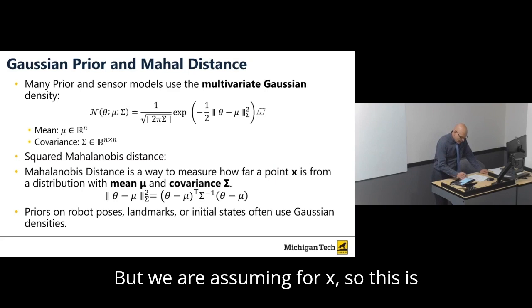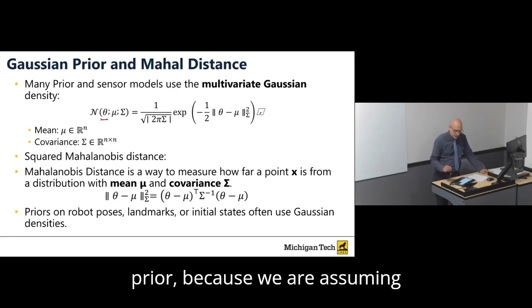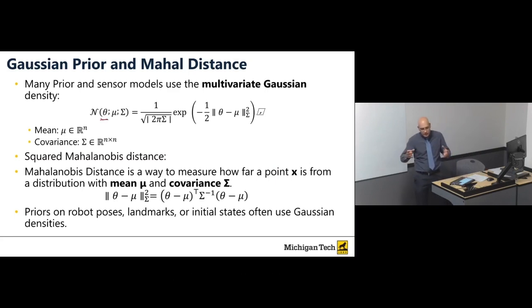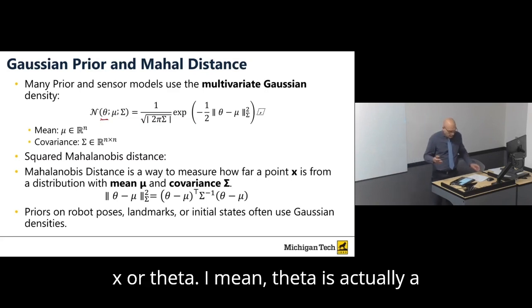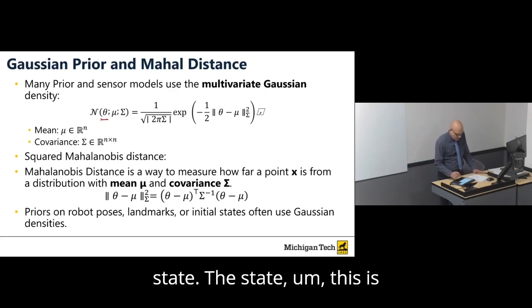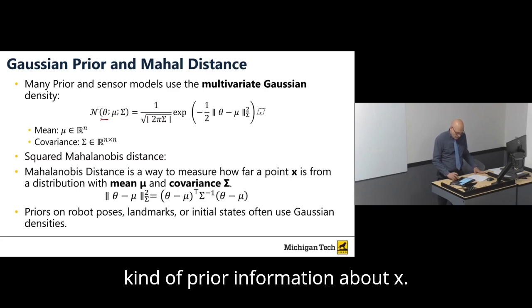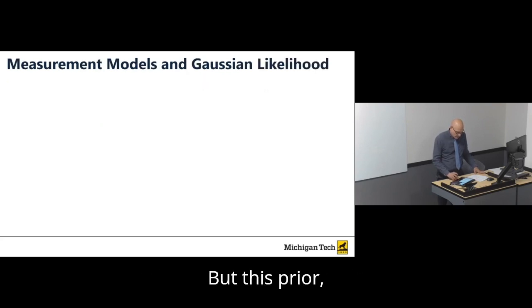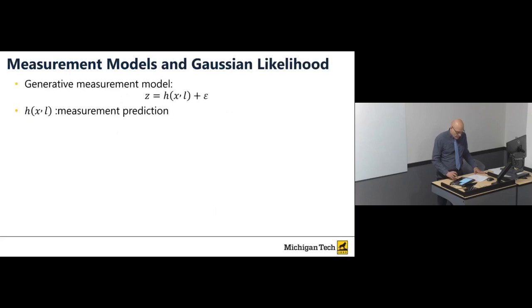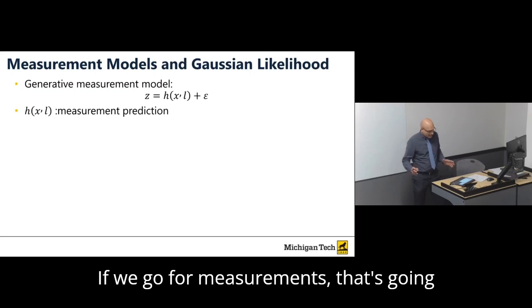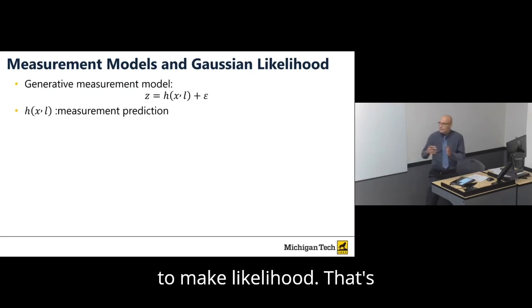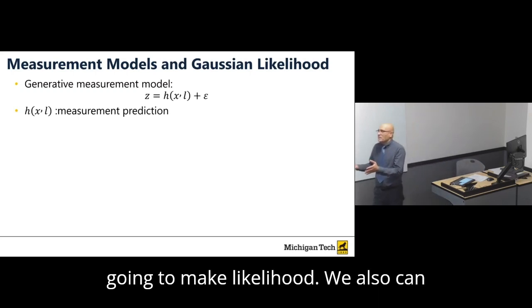So that's the assumption. But we are assuming it for x, so this is a prior, because we are assuming x or theta. I mean, theta is actually a state. This is kind of prior information about the state x. But if we go for measurements, that's going to make the likelihood.